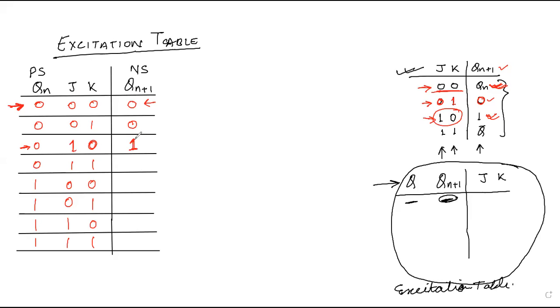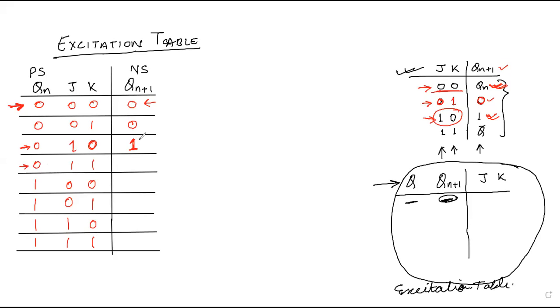Okay, next we have 1 1. For the case when JK is equal to 1 1, what will be the next state? The complement of the present state, sir. So what is the present state here? 0.